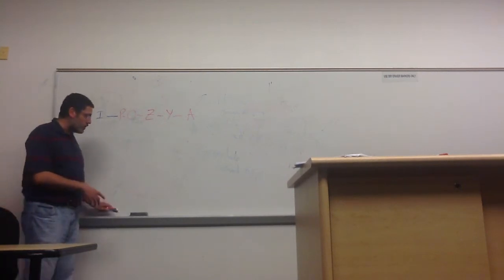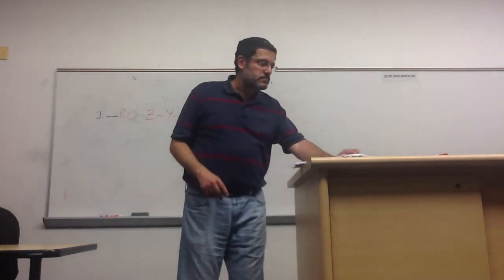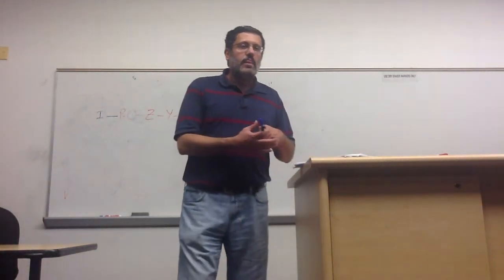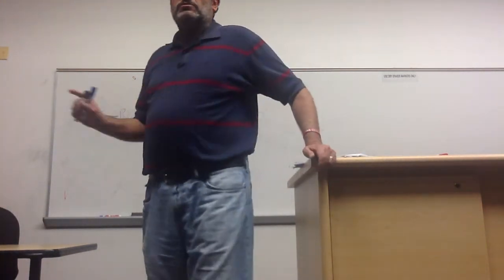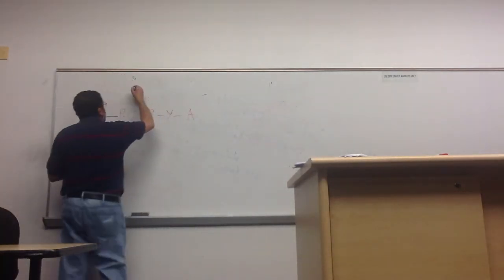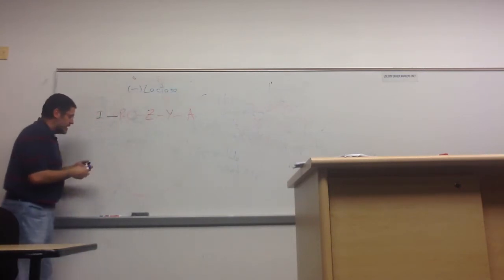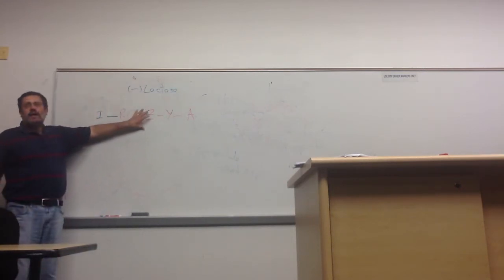So to metabolize lactose, they only need Z and Y. How does the system work? And remember, think of the big picture. Lactose is not around. Let's start with scenario 1. Minus lactose. Does the system need to be on?